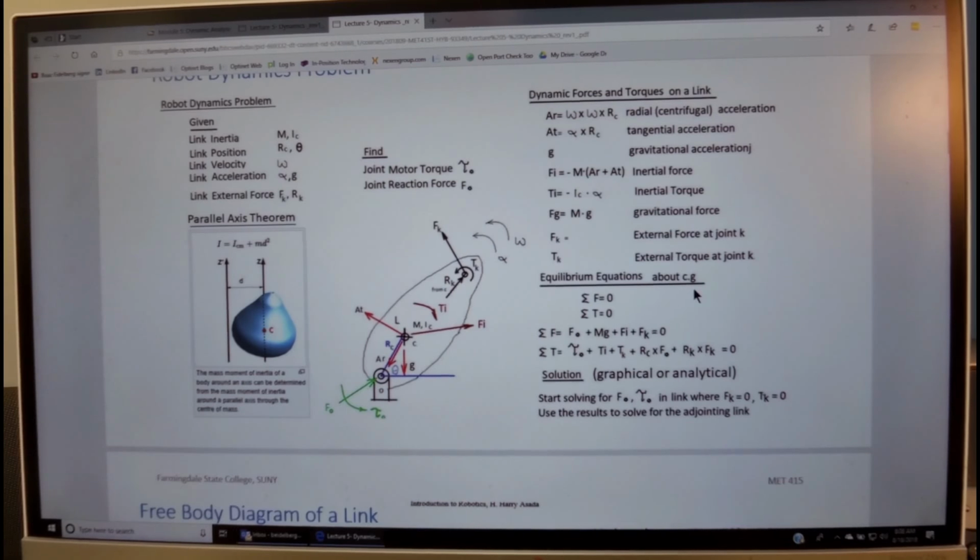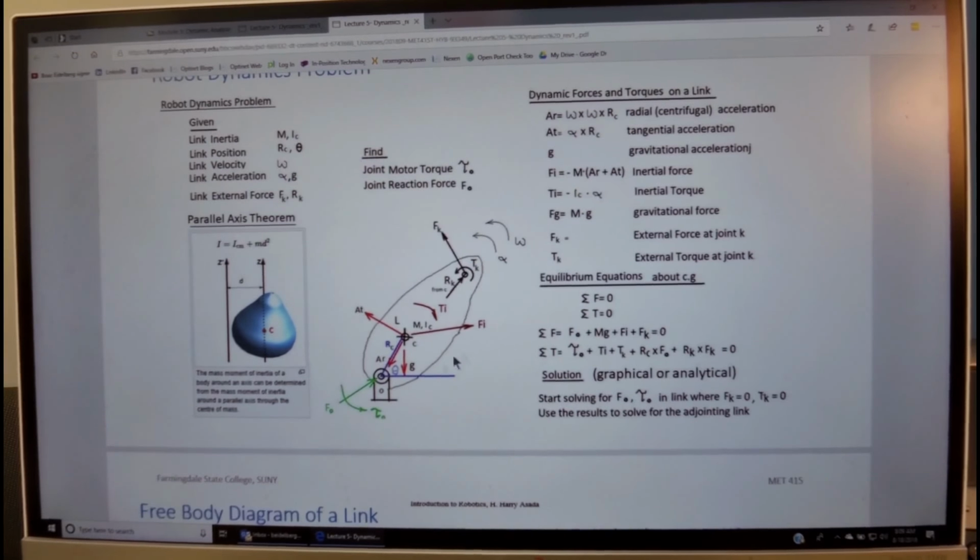The equilibrium equations according to Euler and Newton is that the summation of all the forces is equal to 0, and this is including the inertial force, which has a minus sign here, and a Euler equation summation of all the torques, including the inertial torque, which has a minus sign, must be equal to 0.